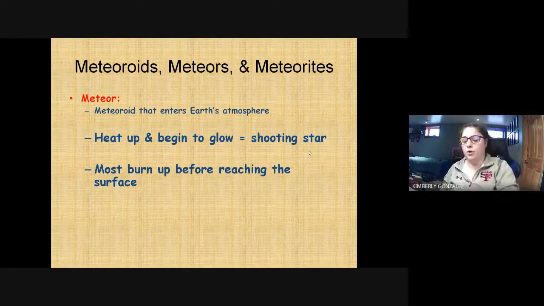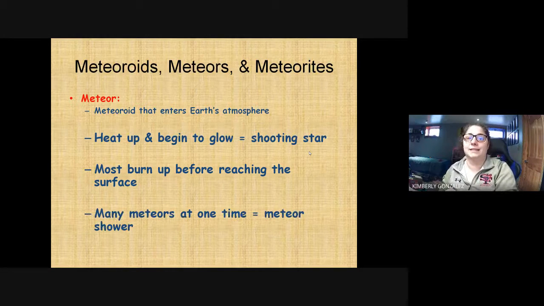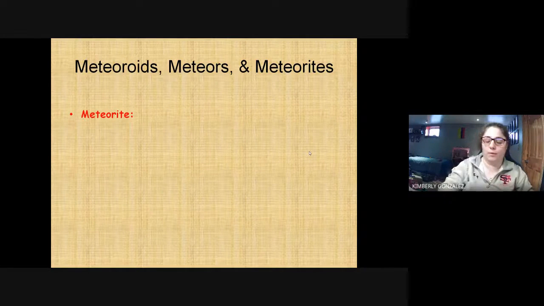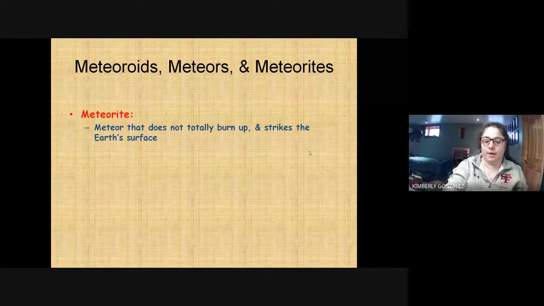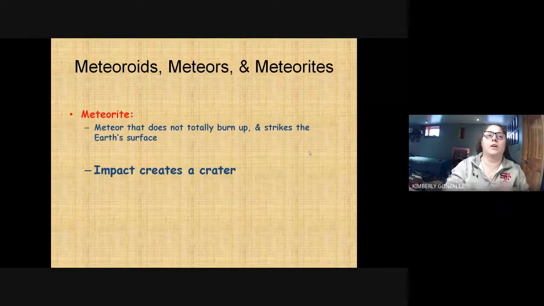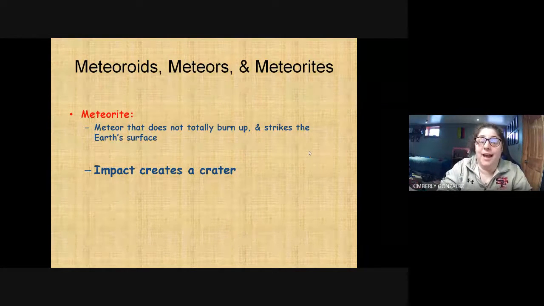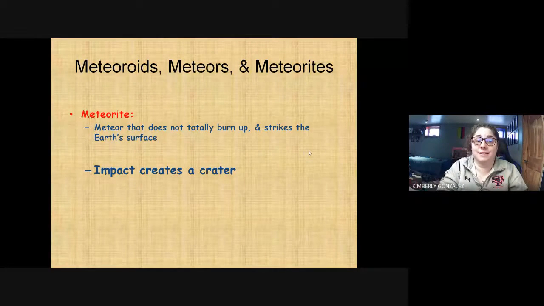Meteorite. A meteorite means that it hits the surface. It creates an impact crater. And those are the three. Once you get this, you're good to go.